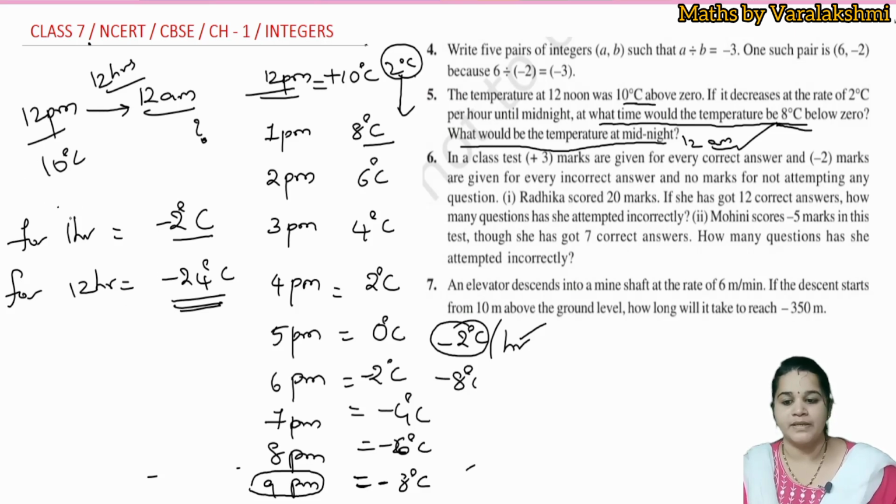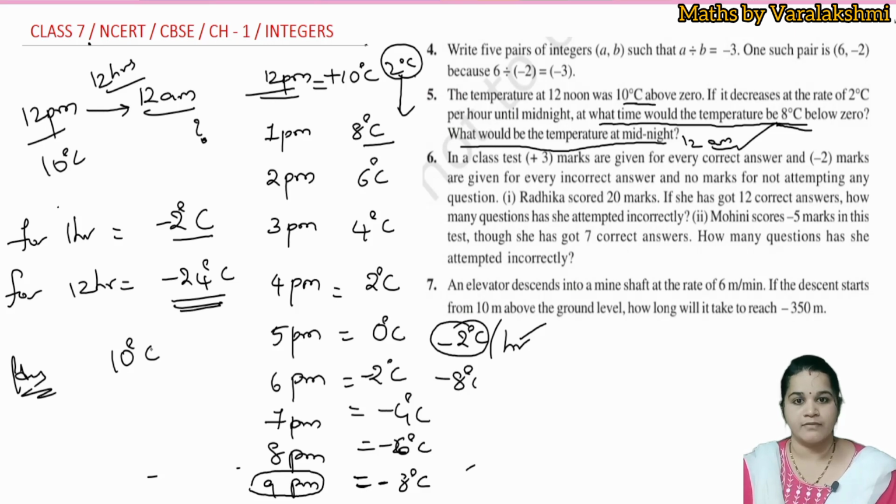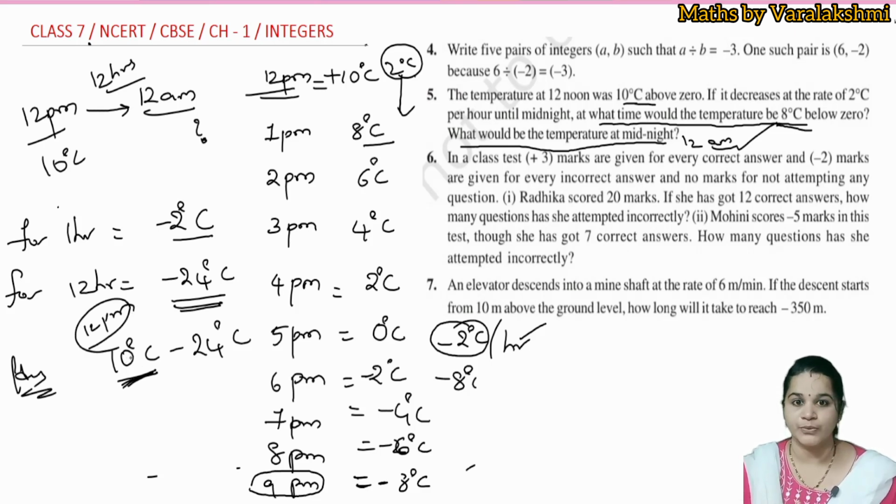But at 12 p.m. it is 10 degrees centigrade. At 12 p.m. it is 10 degrees centigrade and it is continuously decreasing 2 degrees per 1 hour, and there are 12 hours from 12 p.m. to 12 a.m. So that will be 12 into minus 2, that is minus 24. So we'll add this minus 24 to the 10 degrees, the temperature at 12 p.m. Okay, the total reduction will be minus 24.